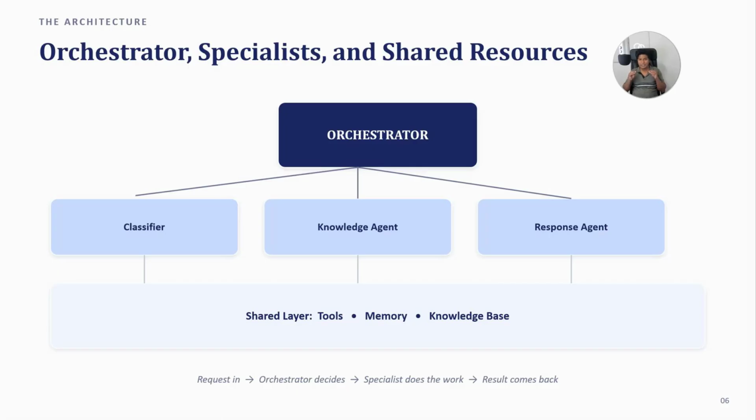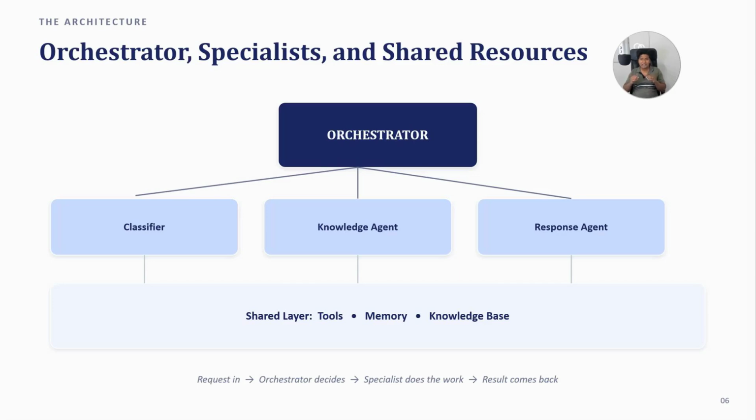Now let us look at the actual architecture. Most multi-agent systems have two main pieces. The first is the orchestrator. Think of it as the manager or the dispatcher. It receives the incoming request. It decides which specialist agent should handle it. The second piece is the specialist agents.